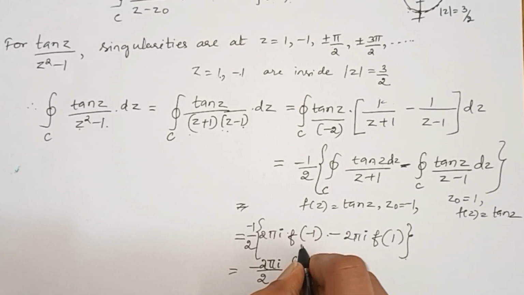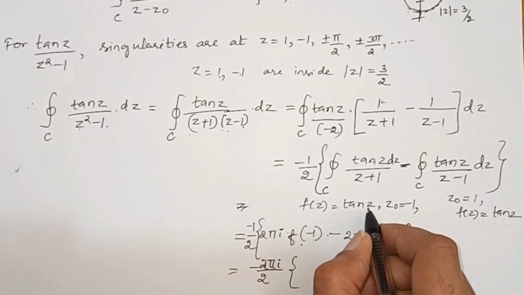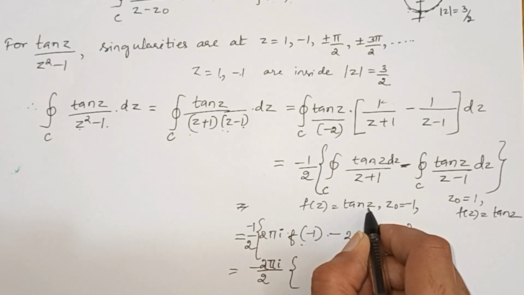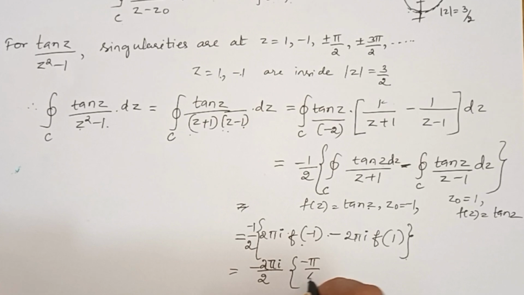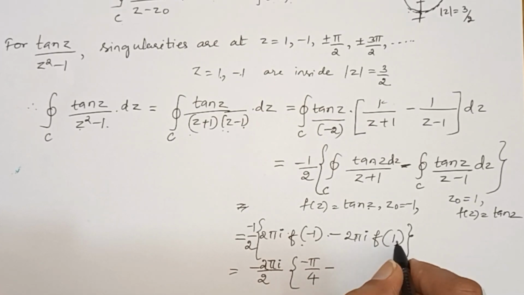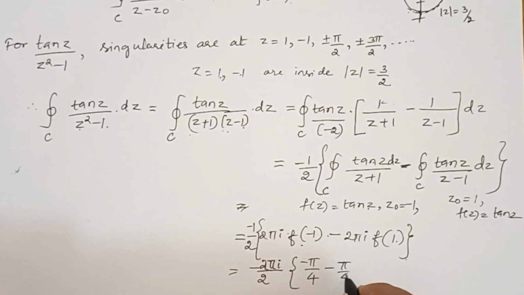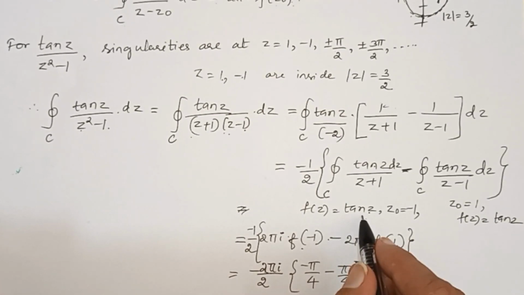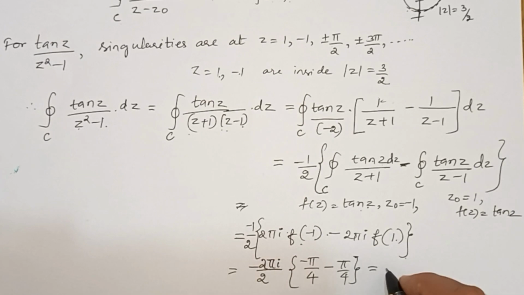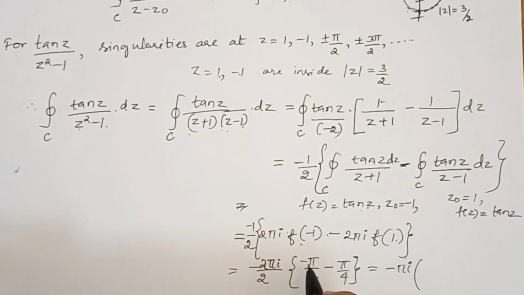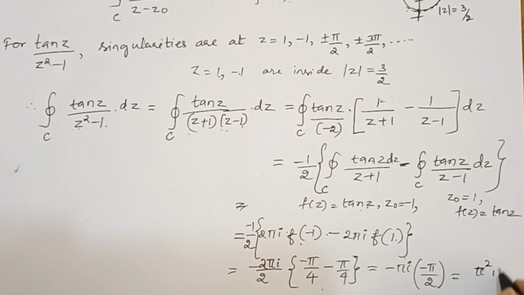Then f of minus 1 is tan of minus 1, which is minus tan 1. Tan 1 is nothing but for 45 degree, that is pi by 4, minus f of 1 is again pi by 4, because tan of pi by 4 is 1. So this gives you 2 cancels, minus pi I into minus 2 pi by 4, which gives you minus pi by 2. Hence the final answer will be minus of minus, plus pi square I by 2.